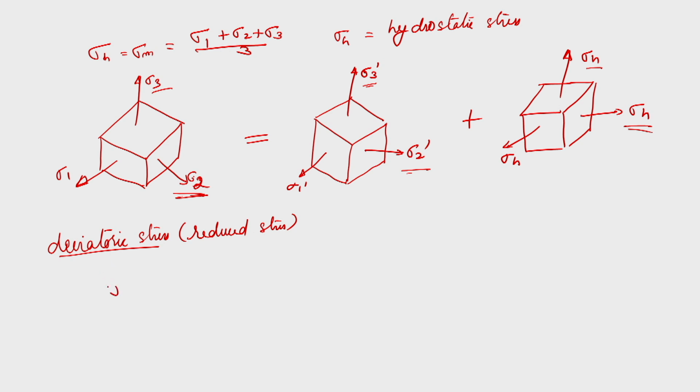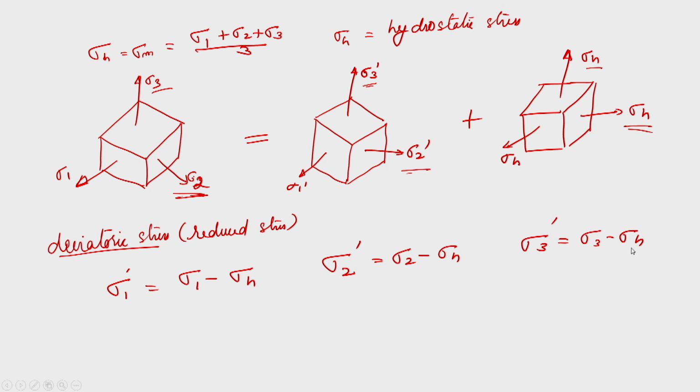So, we can write sigma 1 dash is equal to sigma 1 minus sigma h. Similarly, sigma 2 dash is equal to sigma 2 minus sigma h and sigma 3 dash is equal to sigma 3 minus sigma h.